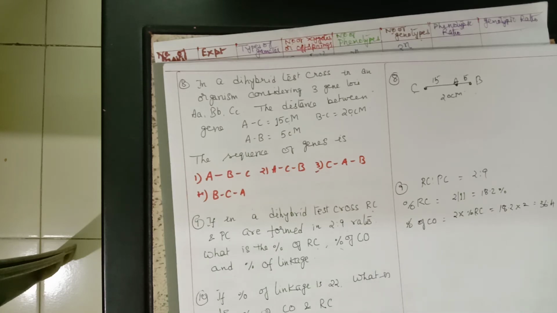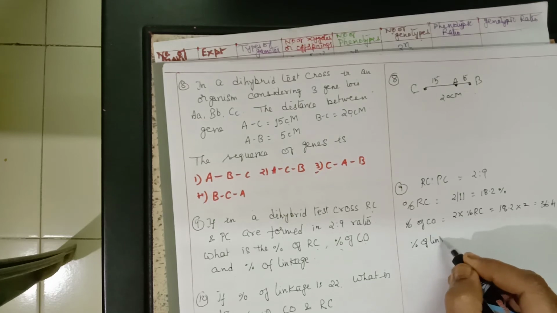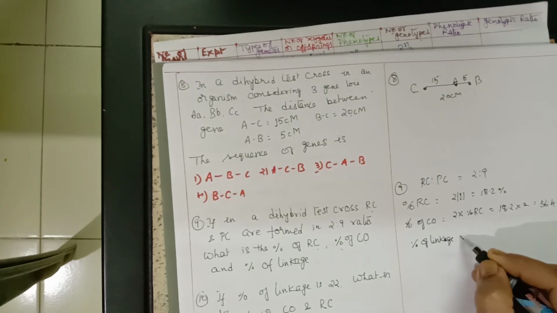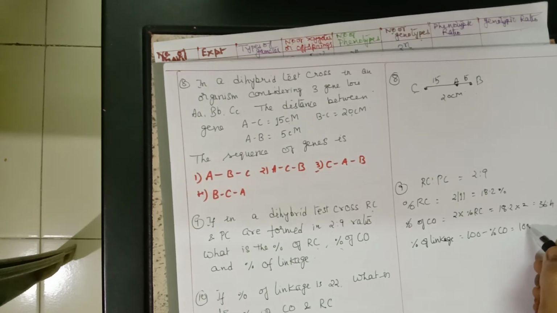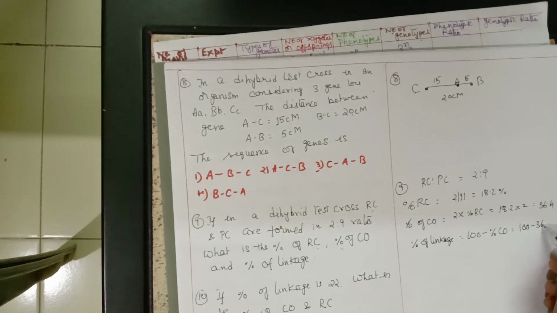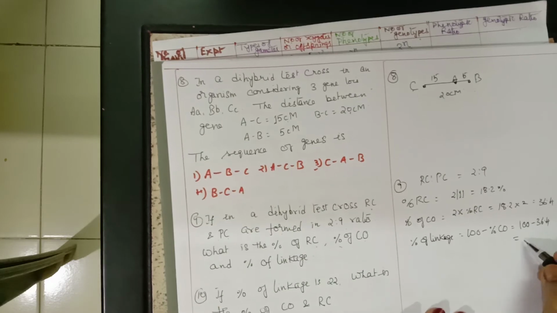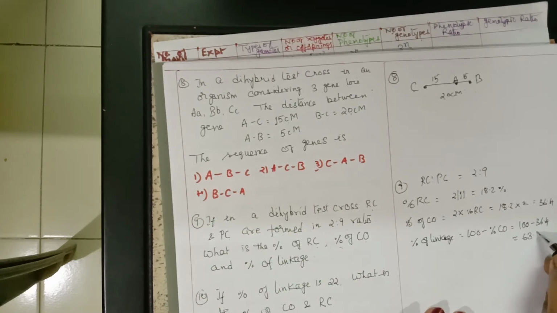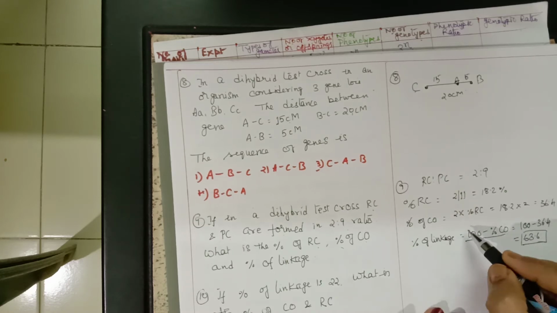Now percentage of linkage will be 100 minus percentage of crossing over. So 100 minus 36.4, you will get about 63.6.